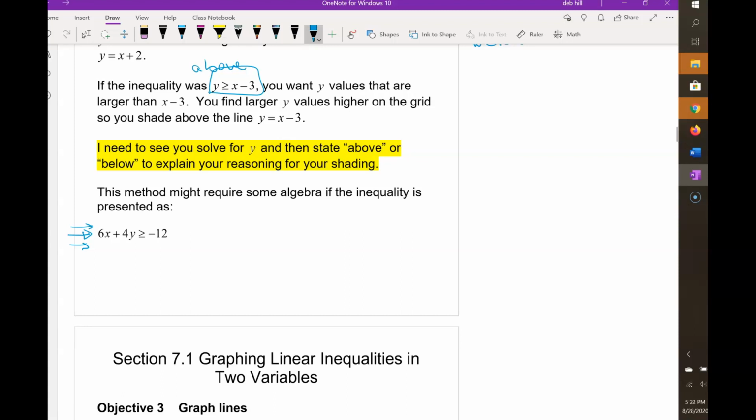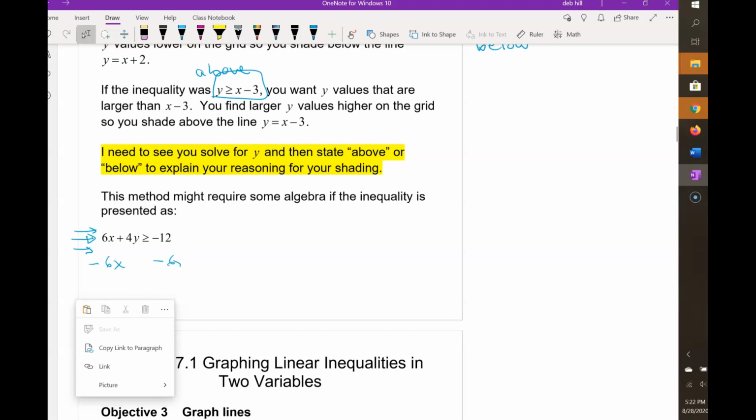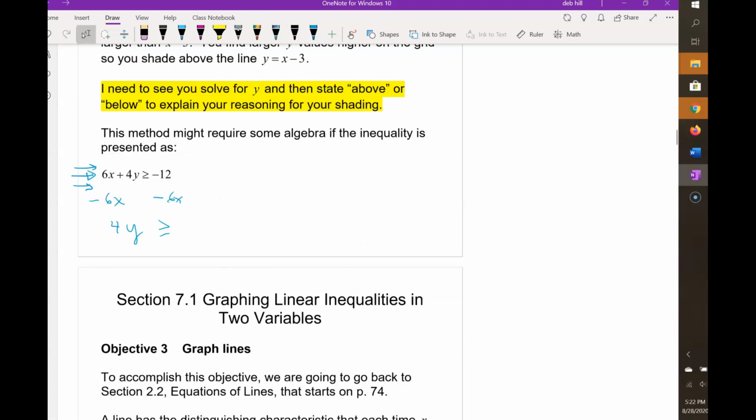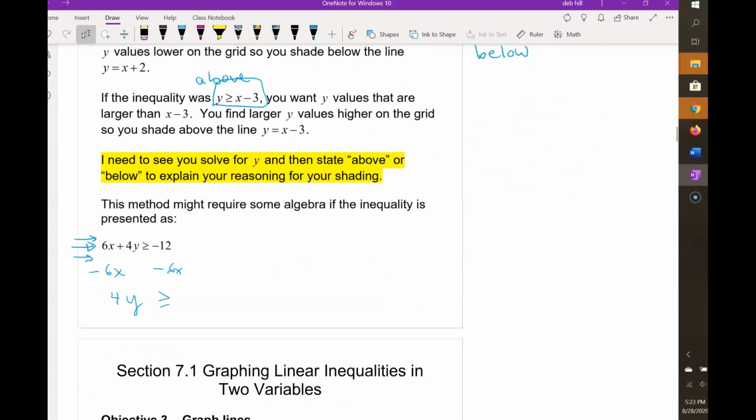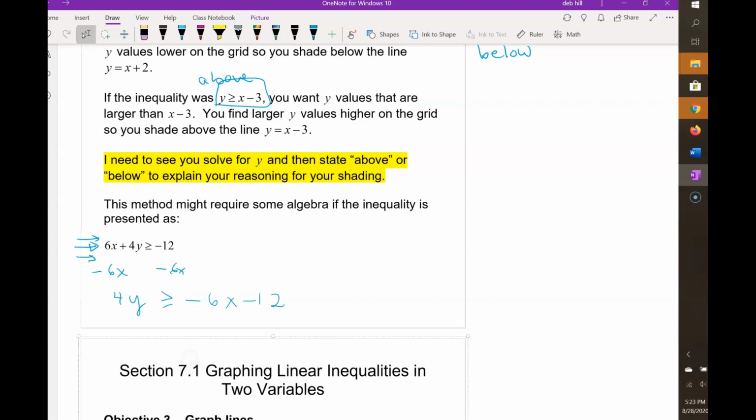I want to see that work, so you would subtract 6x from both sides and have 4y is greater than or equal to negative 6x minus 12.